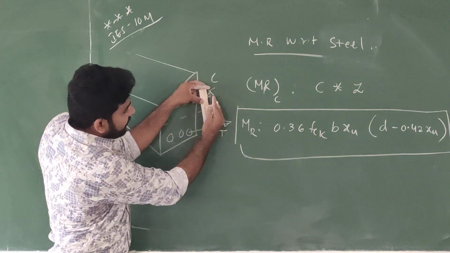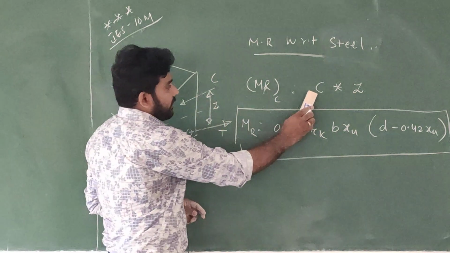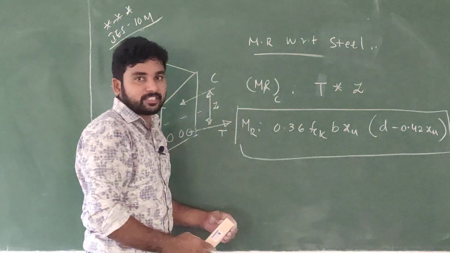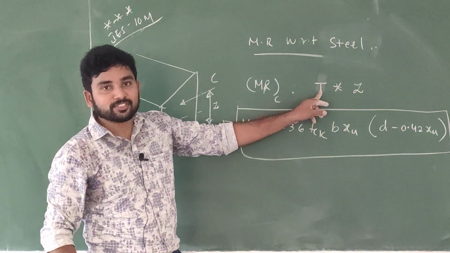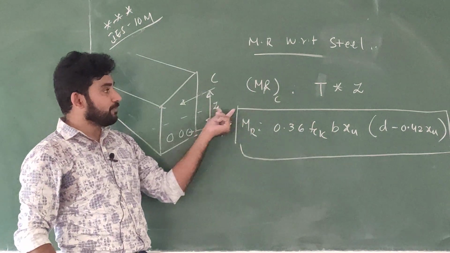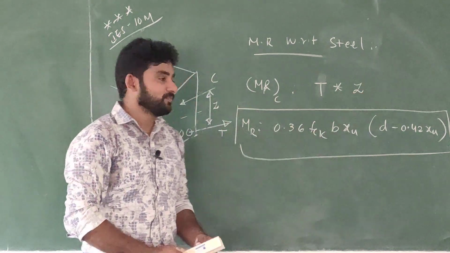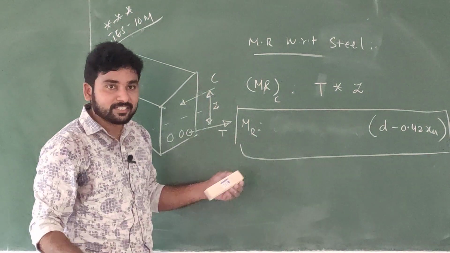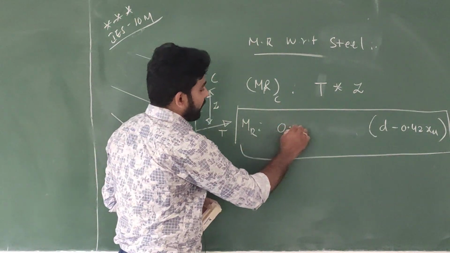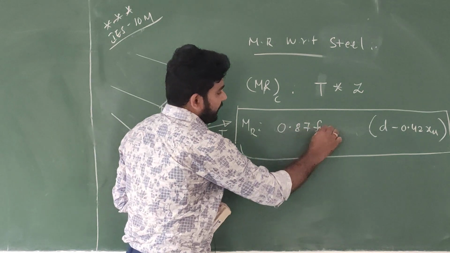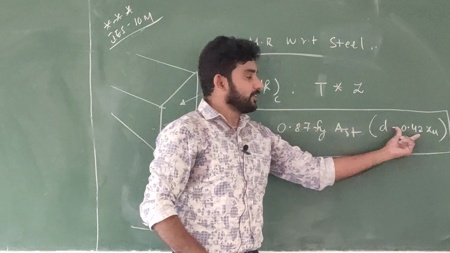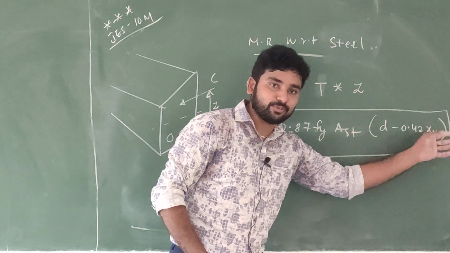In the place of concrete's compressive force, which force should I consider? Tensile force. But the lever arm is constant, the same lever arm. So now the design tensile force is 0.87 fy Ast into the lever arm depth, d minus 0.42 xu.